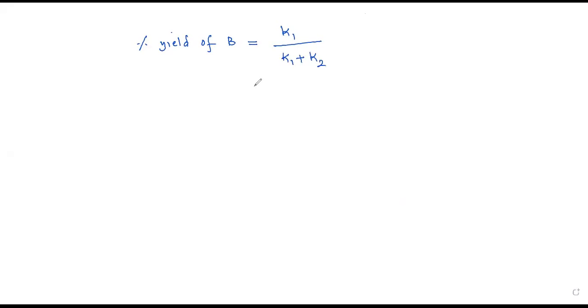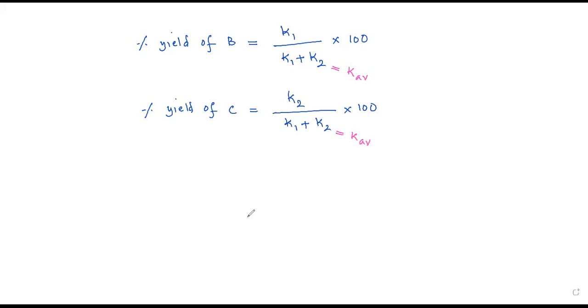This K1 plus K2 is nothing but K average. So K average is K1 plus K2. You can say K1 by K average into 100. Similarly, percentage yield of C can be given as K2 by K1 plus K2 into 100. Even here also, this is nothing but K average.